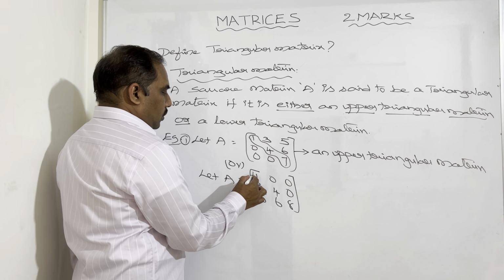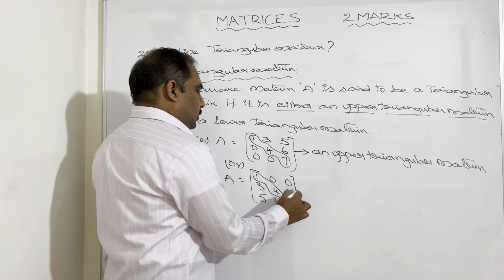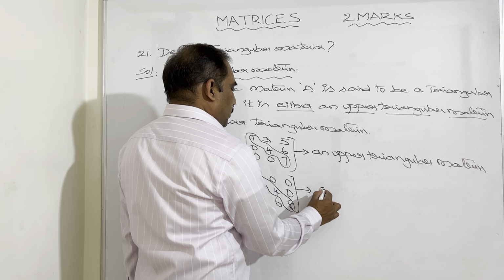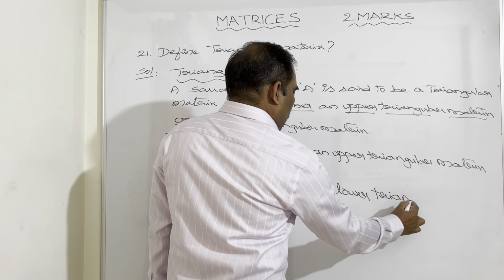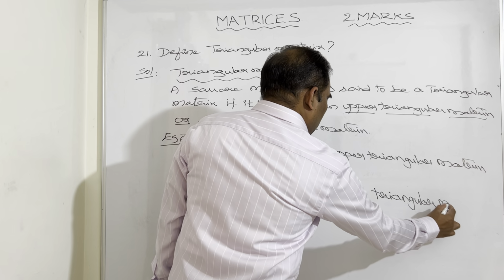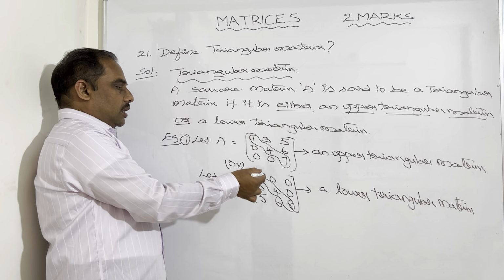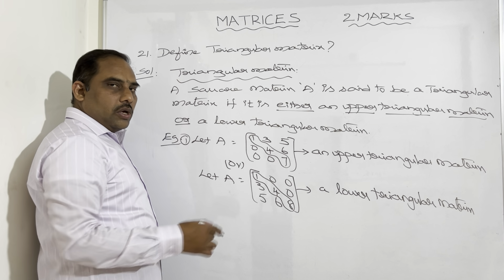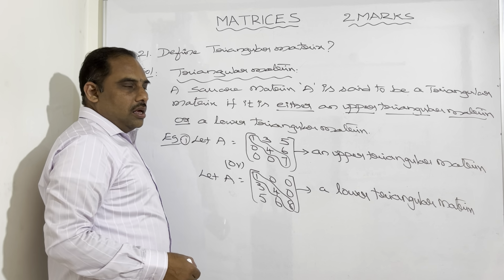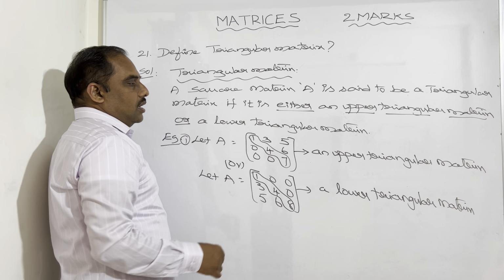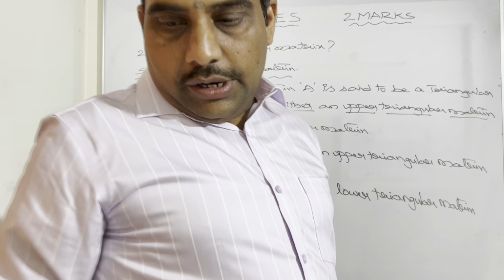Observe here that the elements above the principal diagonal are equal to 0, which is called a lower triangular matrix. So, if the elements below the principal diagonal are equal to 0, that matrix is called an upper triangular matrix. Like this we can define the triangular matrix.